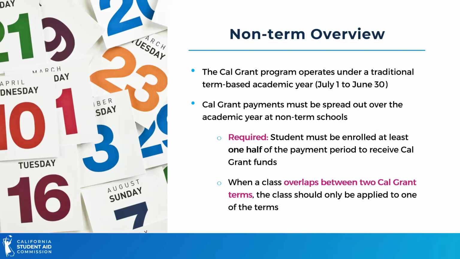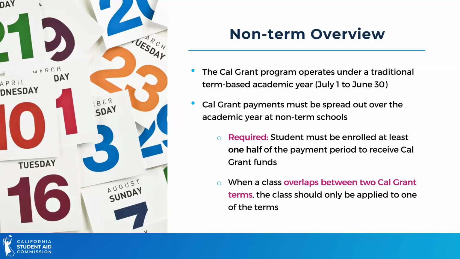These schools will establish those start and end dates using the college cost estimate form. If they're a brand new school, new to Cal Grant, they'll establish those by submitting a paper form to us. And then every year that they continue to participate in the Cal Grant program, they will set those term dates using the online form.